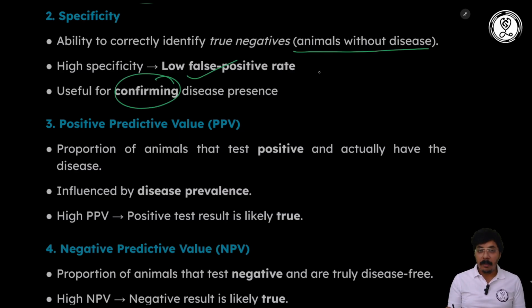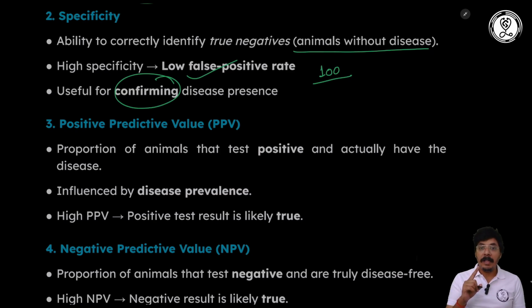If a particular animal group, for example a group of 100 animals, is screened for some particular disease using a diagnostic test, then when we talk about the specificity of that test, it is the ability of the test to identify true negatives.